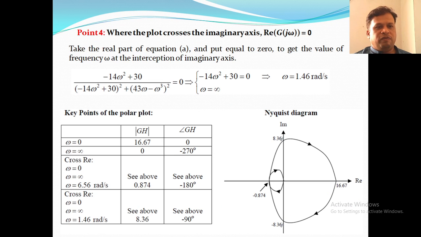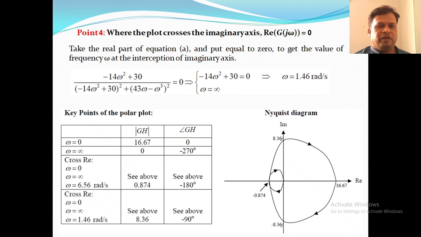Now coming to point 4, where the plot crosses the imaginary axis, the real part of G(j omega) is equal to 0. This point should be remembered.